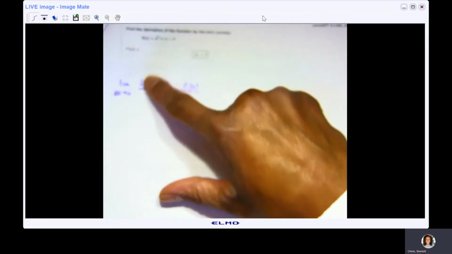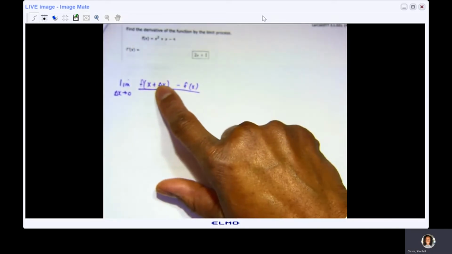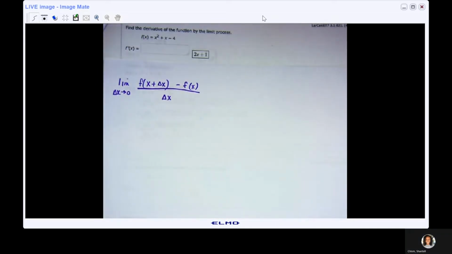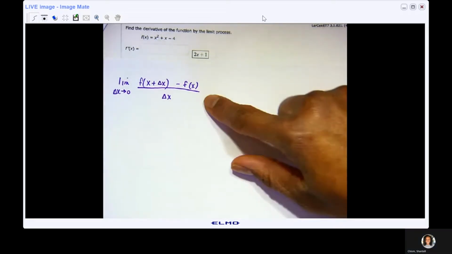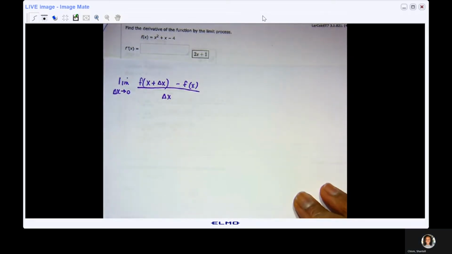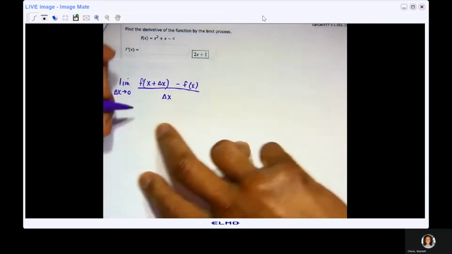So we take the function at x plus delta x, and then we have minus the function. It'll require a little bit of simplifying.